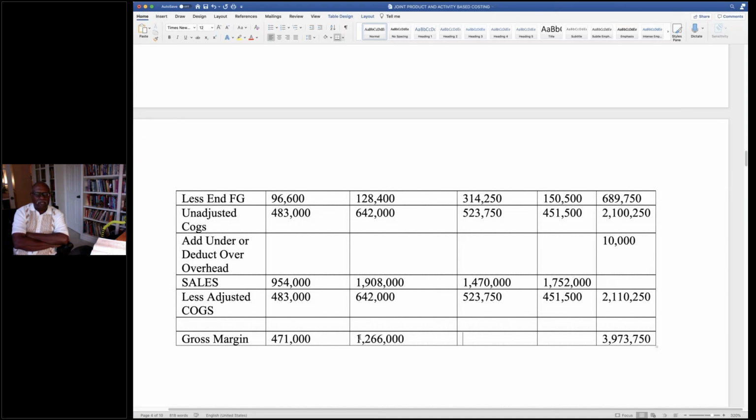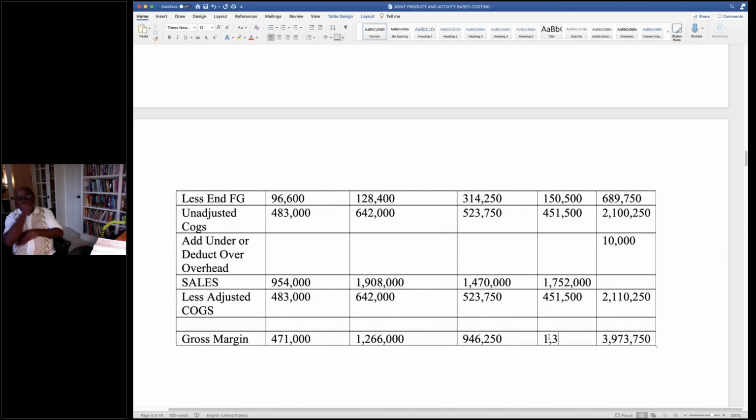How much we make on the advanced book? 946,250. So you see the prices make a big difference in terms of what you sell them at. And how much on the tax book? 1,300,500. Okay.